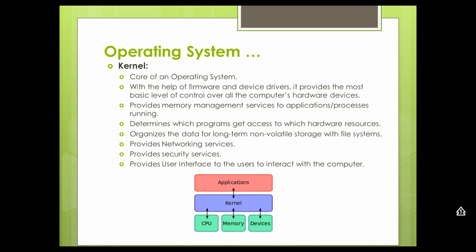So how does it do it? It uses something called firmware and device drivers. Device drivers are nothing but software which interfaces between your computer system and the device that you connect to your computer system. For example, your mouse, your keyboard.